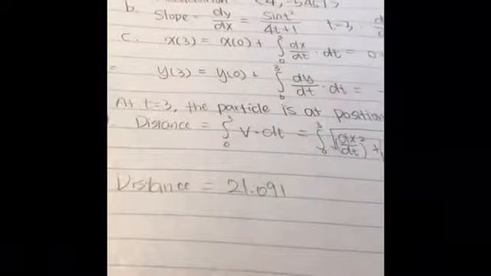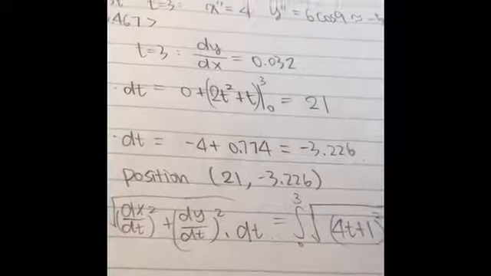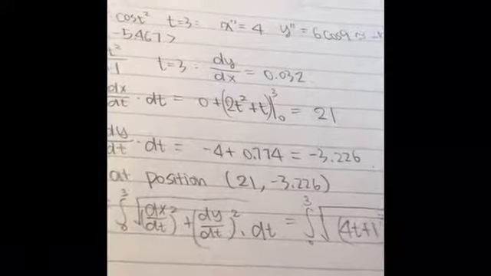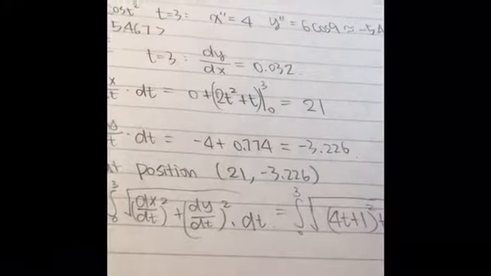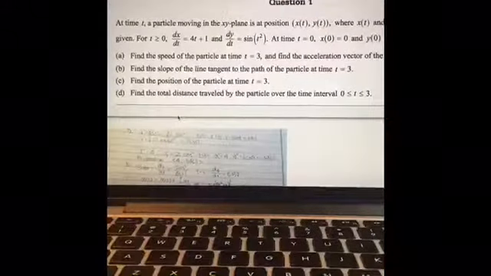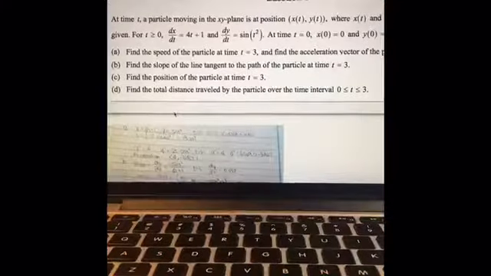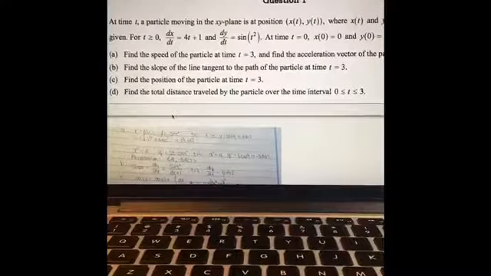So the position at t equals 3 is 21, negative 3.226.